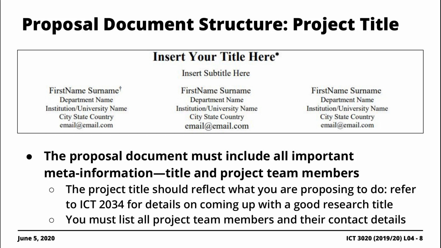What you should also do as part of, not that this is the title really, but if you look at the template we're going to be using here, you must also clearly list all the group team members, their full names, their affiliations, and their contact details. And their contact details here would be their email addresses, right?